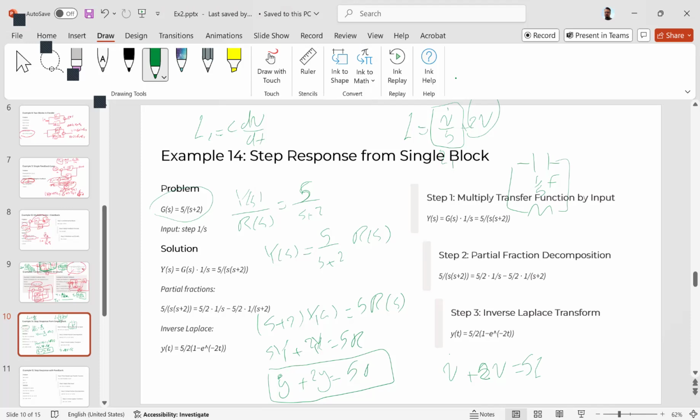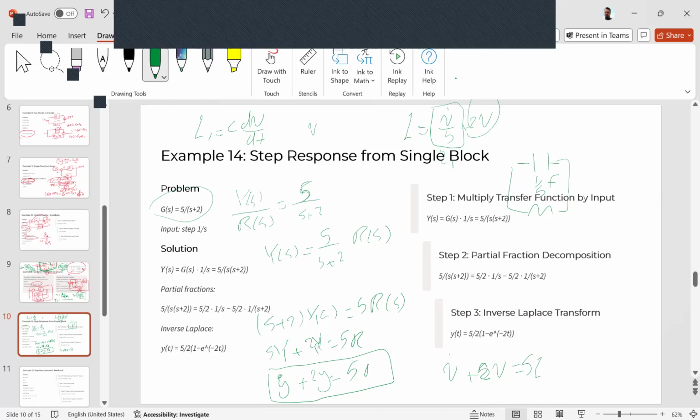What is the value of the resistor? Again, what is Ohm's law? V over R is I, right?